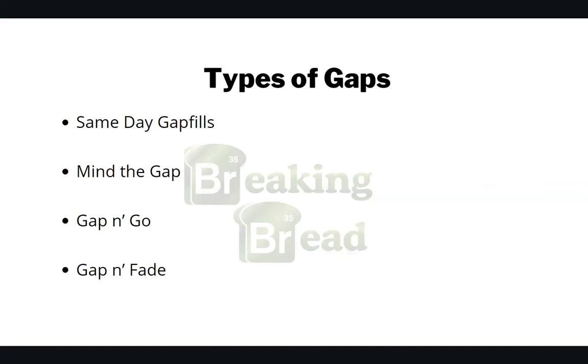Your gap and go, this is when price gaps up after market or pre-market, and it continues in its uptrend. It's the reverse for a gap and fade. This is when price is heading in the downtrend after market or pre-market, and it continues in that direction when the next session opens.